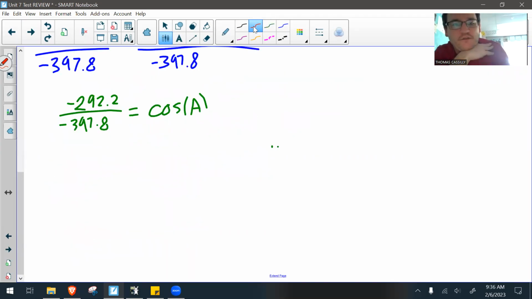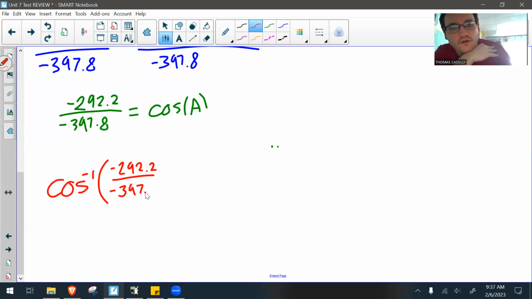The last thing we have to do is take the inverse of everything here. So we're going to have the inverse cosine of -292.2 divided by -397.8 equals angle A. All right, we're going to type that into our calculator.